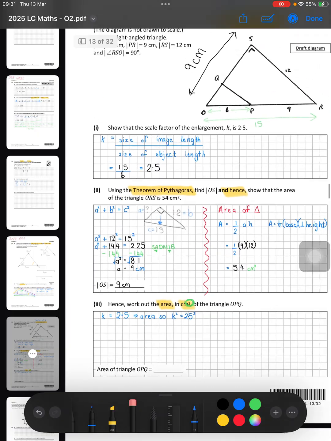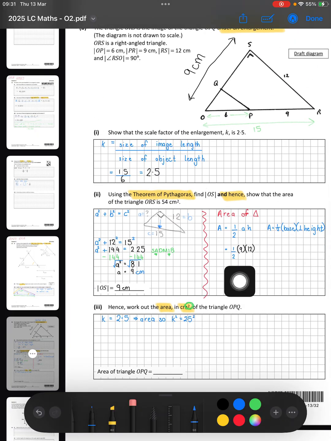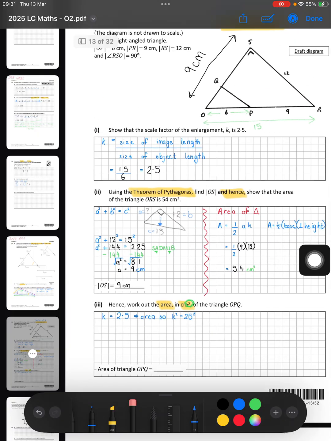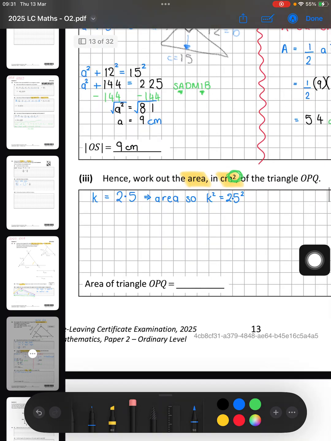So I'm expecting an answer smaller than 54 centimetres squared. My original area was 54 centimetres squared, and now I'm going to be dividing.